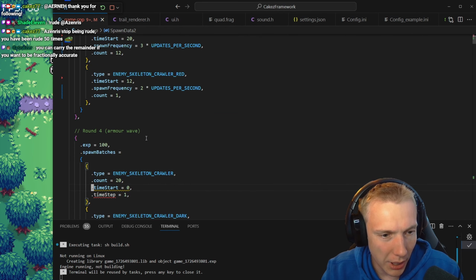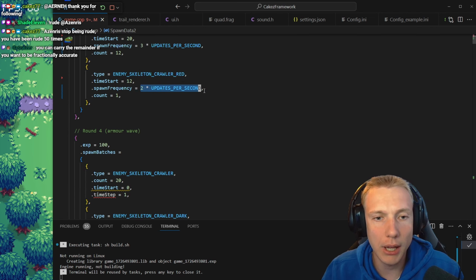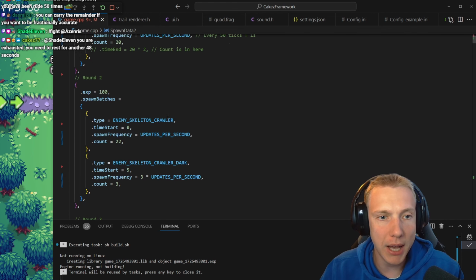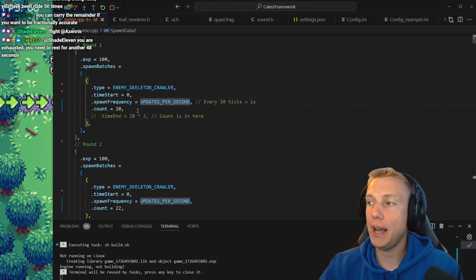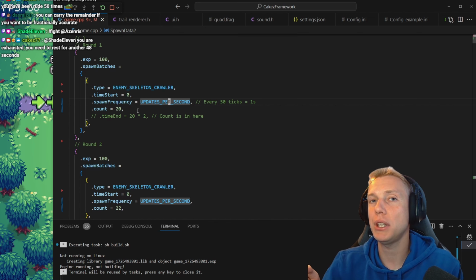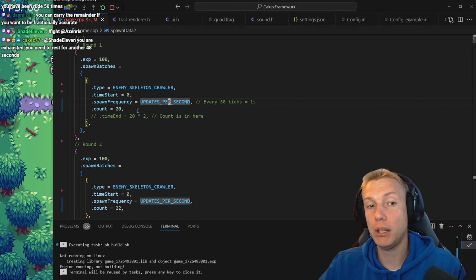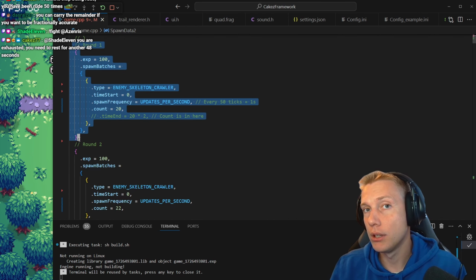This is awesome. I like it. And using this will also allow me to change the updates per second. If I keep the updates per second in the calculation here, that means if I update 60 times per second, or 10 times per second, or 100 times per second, the time-wise, the spawning system will still behave perfectly well.